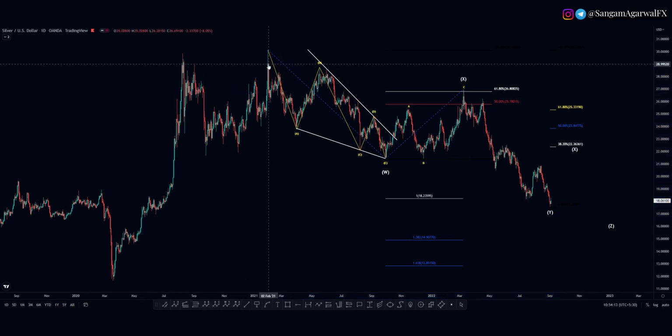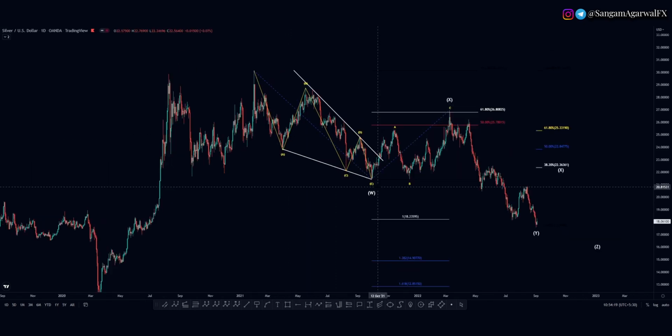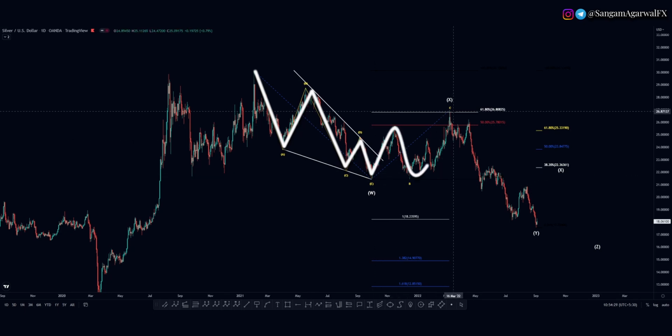So our wave counting starts from Feb 21. First it made this leading diagonal chart pattern ABCDE in wave W. Then it made a correction as a flat correction ABC, which is an extension for wave X, which made exactly 61% retracement.